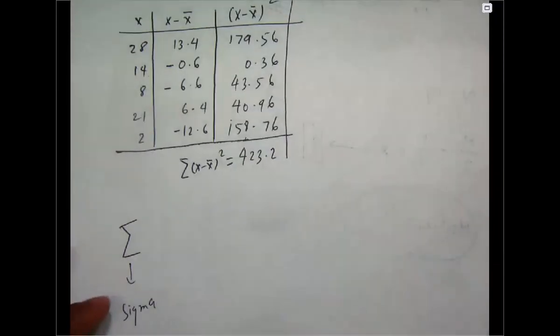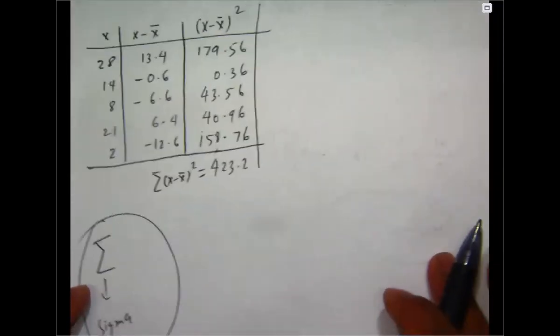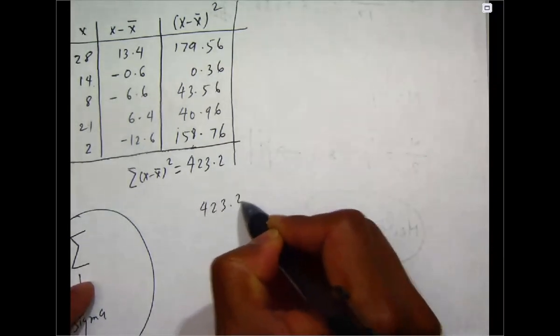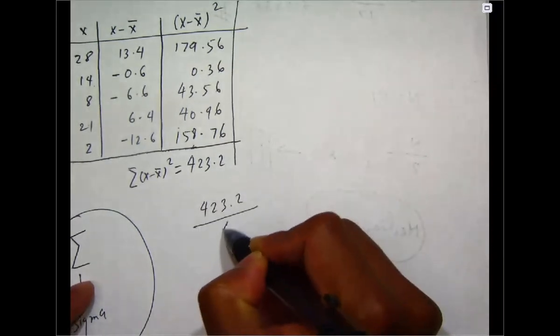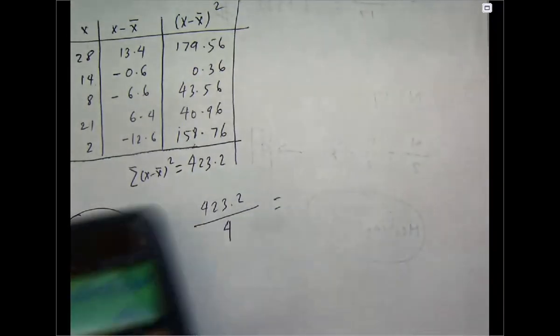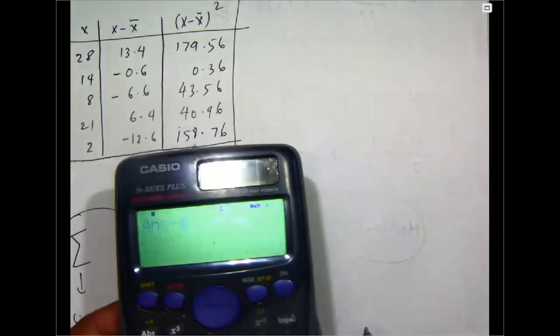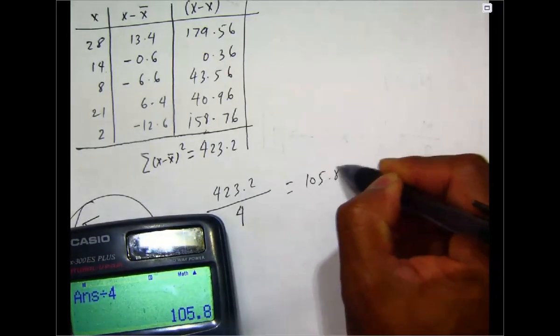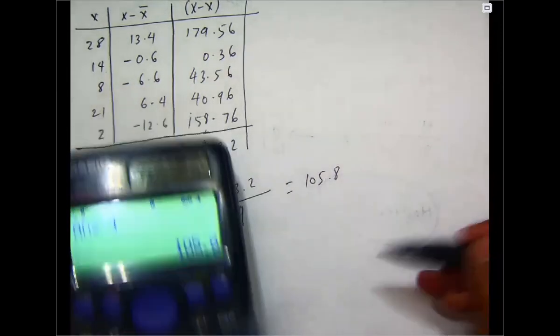So to find the standard deviation, you divide this 423.2 by 4, because it's a sample. So what is 423.2 divided by 4? It's 105.8. Good?